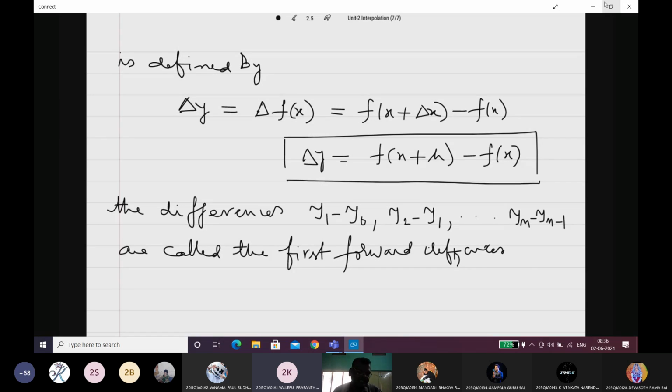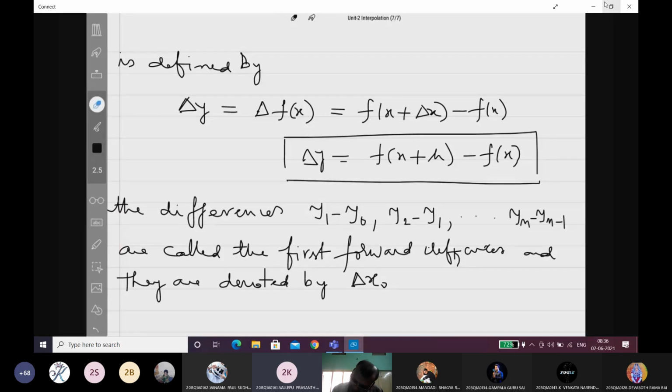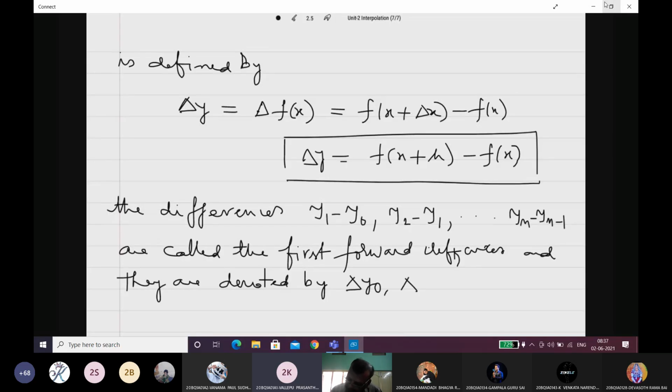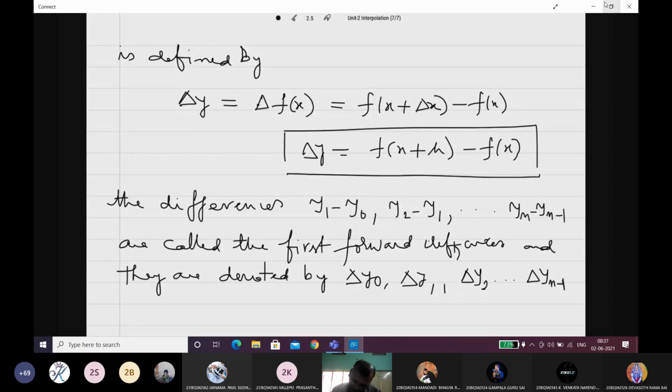First forward differences, and they are denoted by delta y0, delta y1, delta y2, etc., delta yn minus 1 respectively.